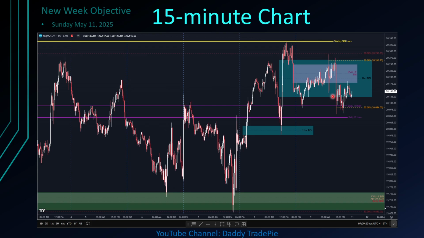On the 15-minute chart, you can see that I measured this candle's wick over here and I highlighted the 50%, or consequent encroachment, of the wick.